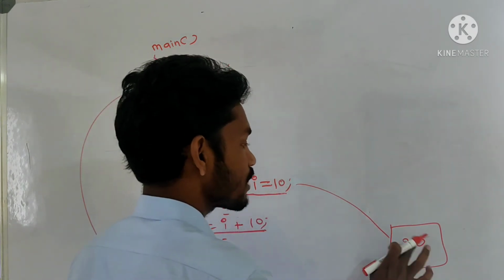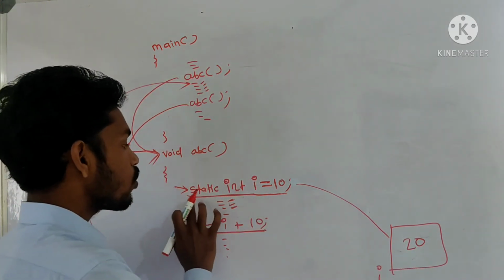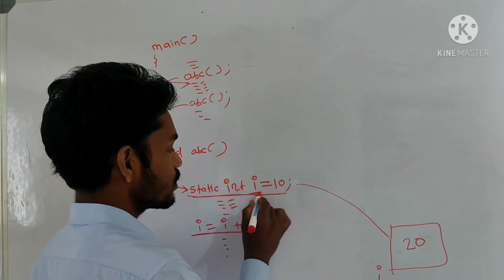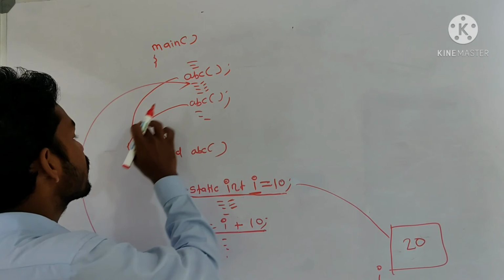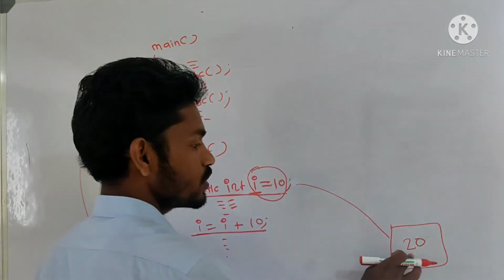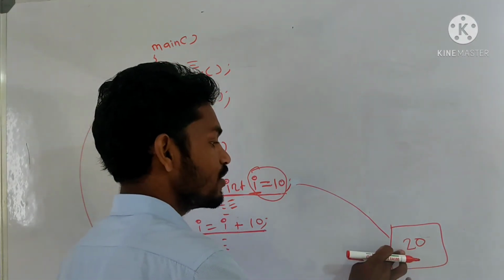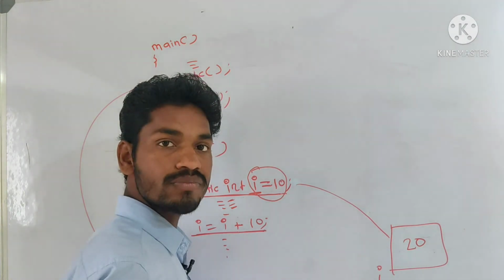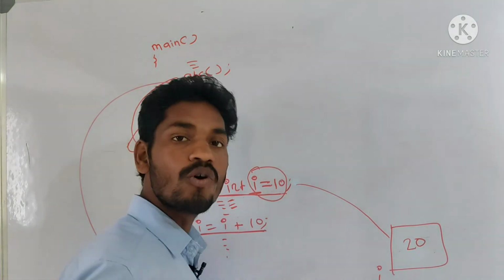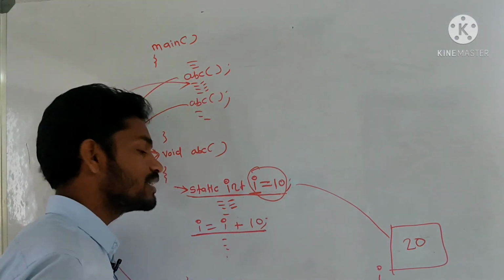It will not replace the value by 10 again. No, reinitialization is not possible. The 20 will remain as it is. These instructions will not execute when we call the function the next time. That's why reinitialization is not possible.